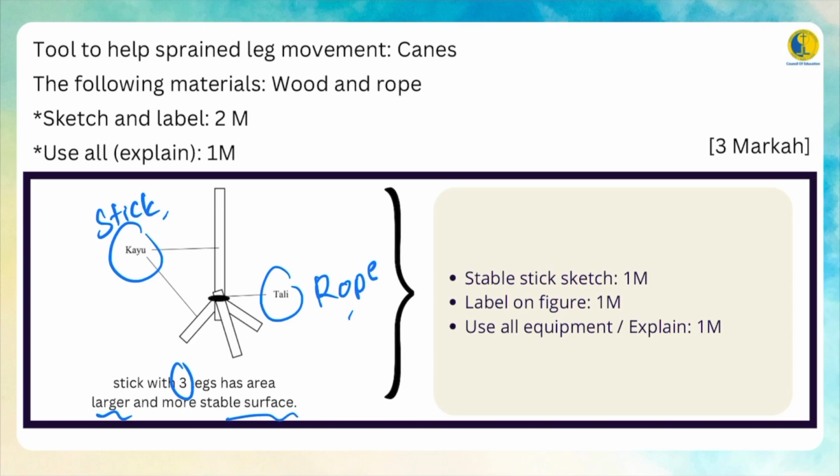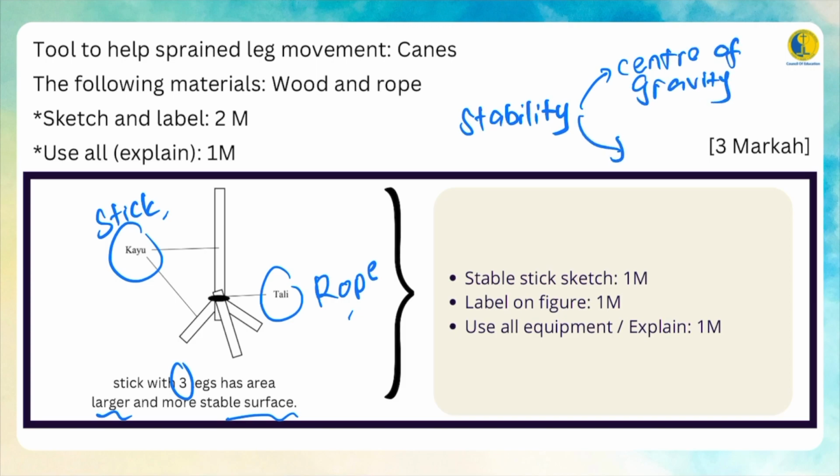Okay guys, remember in this topic, we learned about stability. There are 2 factors that affect stability. The first one is the center of gravity. And the second one is the base area. This is where you use your theory and apply it on your drawing.